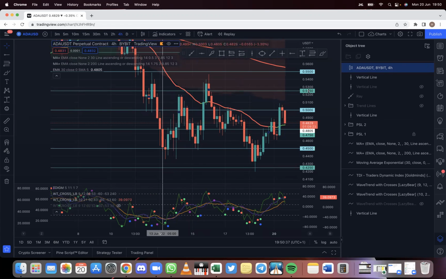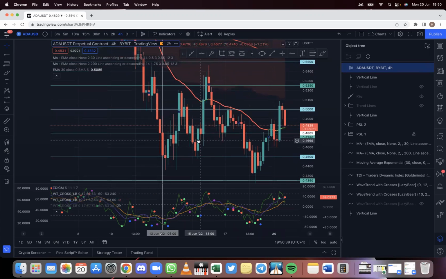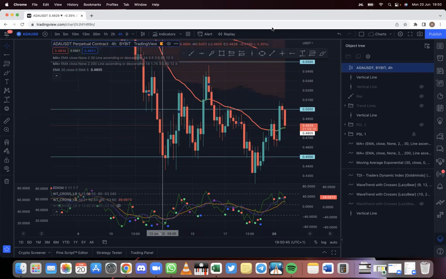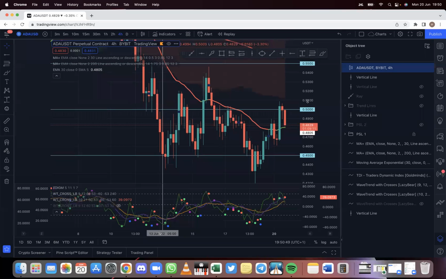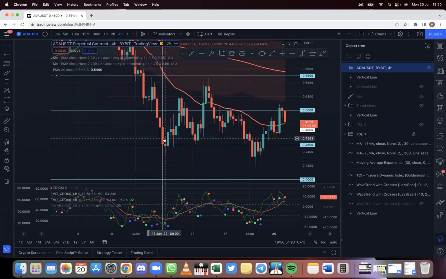If you look at it very carefully, let's turn off the B. When we turn off the B, you can see the main psychological levels and the opportunities that presented themselves for us. You can see clearly a red candle, doji, green candle, meaning that it is a morning star.